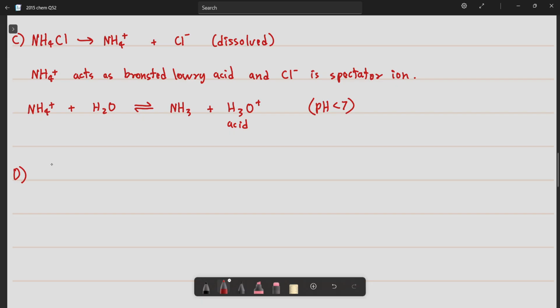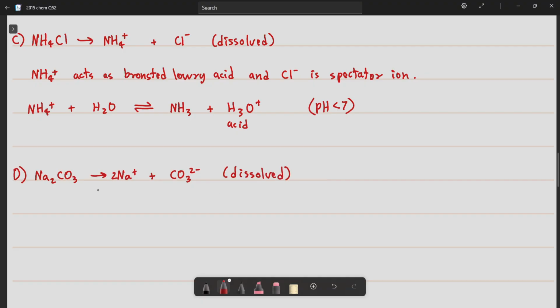Okay, so now for option D, we had sodium carbonate, Na2CO3. This will dissolve into two sodium ions and one carbonate ion. So this is the dissolved equation.